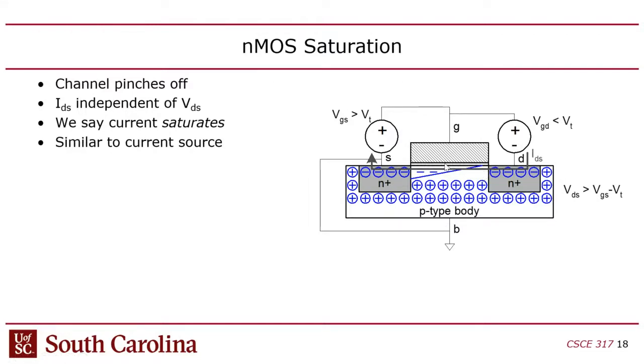Now that current, by the way, the amount of current that it stops at, depends on the width. So if you have a transistor with a larger width, now you might say, wait a minute, what was the width and length again? The length is the distance between the source and drain. You want that to be minimal, right? Small as possible.